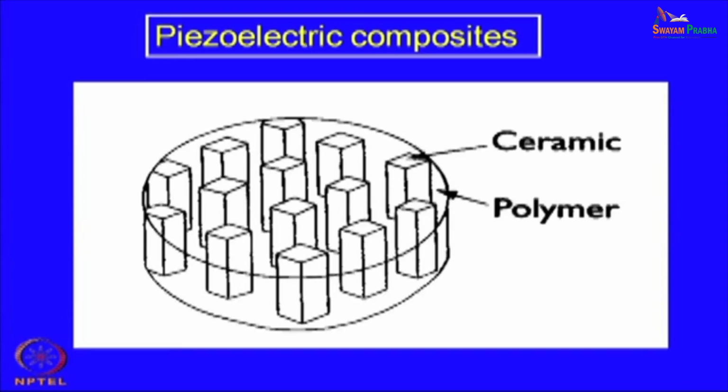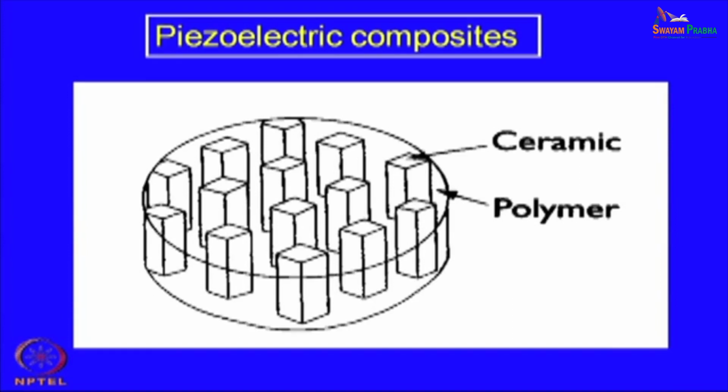So, there are many different ways; in this illustration we have given only one, the 1-3 connectivity, but we can have many different connectivities, and depending on that one can have different properties. It depends on which direction the stress is applied in a particular device, and in which direction the voltage will be measured, or the reverse, in which direction the voltage has to be applied and the stress is required.